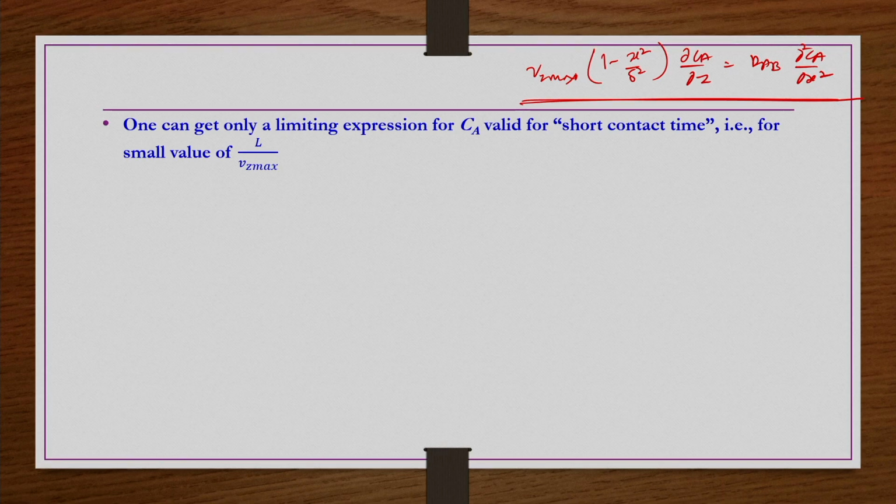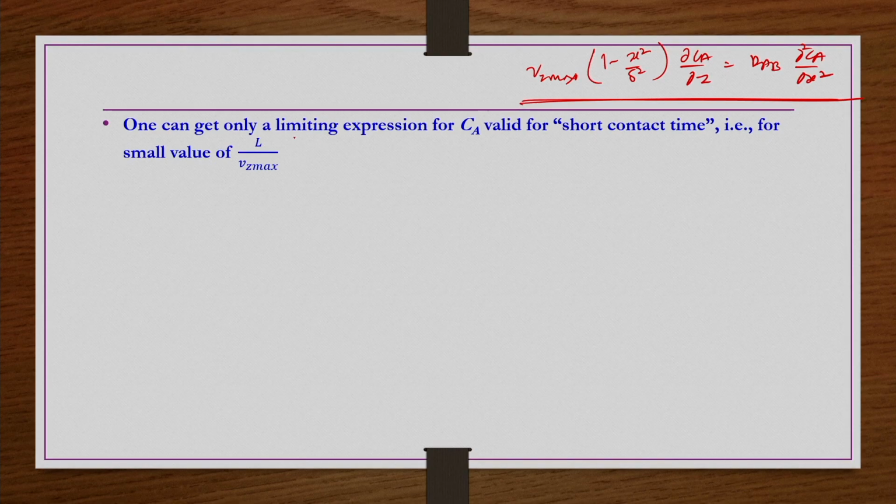Like in the heat transfer case, non-isothermal flow in a pipe, where we took an asymptotic approximation, some kind of limitation is required. So in this case one can get only a limiting expression for CA valid for short contact time, that is when L by Vz max is very small, then only one can get the solution easily.